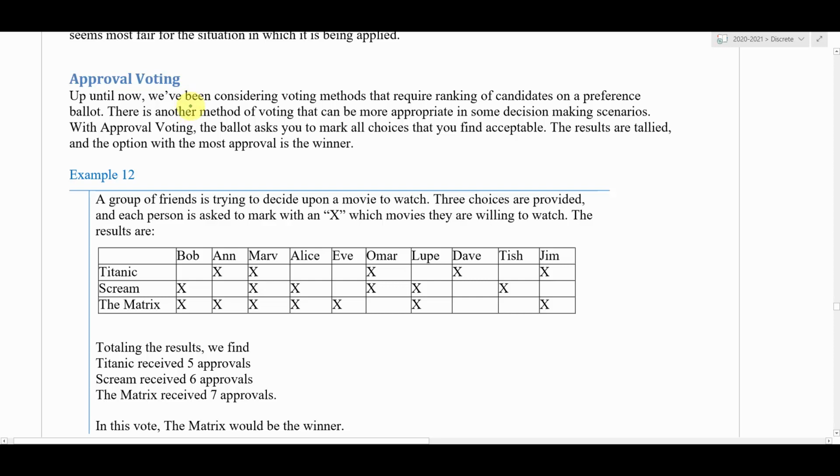So you just go through the ballot and you check off the ones that you're okay with and send it in. That's how approval voting works. Everybody does that, and then you tally up how many approvals each candidate got, and whoever gets the most approvals is the winner.